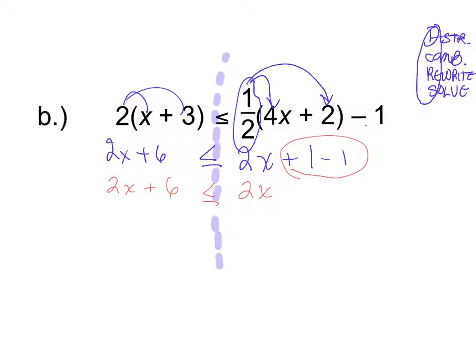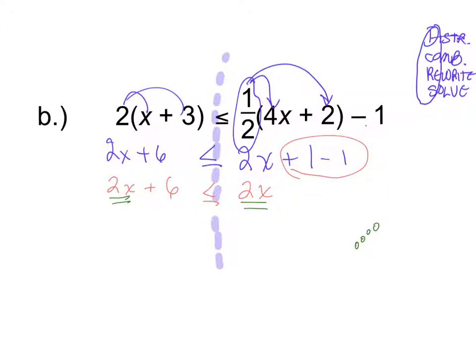Now, if you recall, hopefully at this point you're remembering that with equations, you can even have things that are no solution. Well, with inequalities, it's the same exact thing. If you're looking at this here, you're going to see that 2x plus 6, is that less than or equal to 2x? Well, one way of looking at it is to ask yourself, if you knew what 2x was, you know that 2x is the same here as it is here.